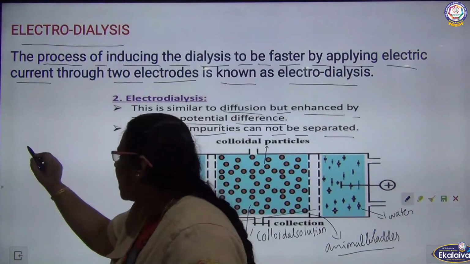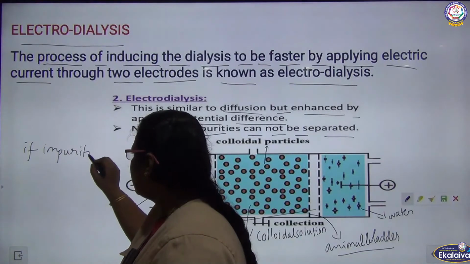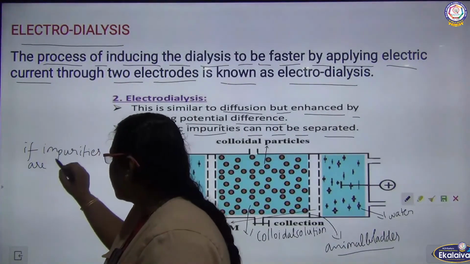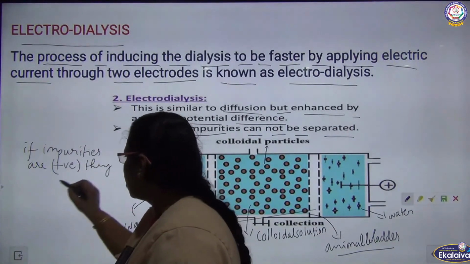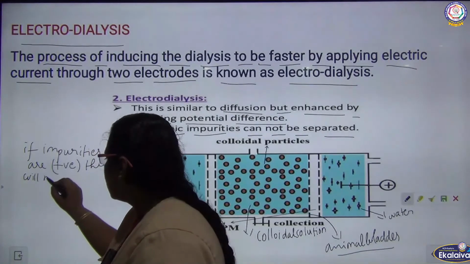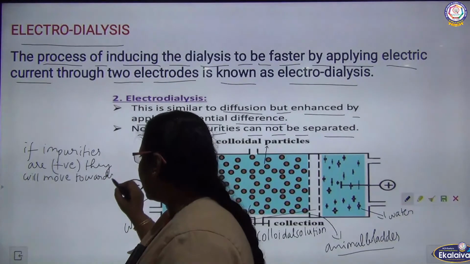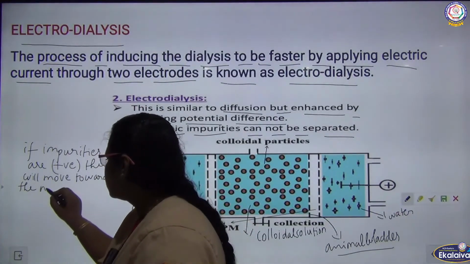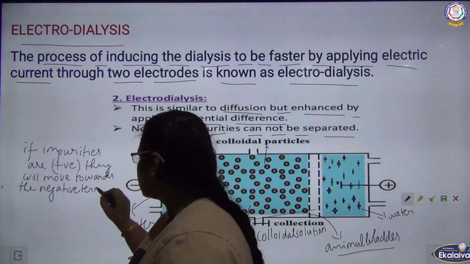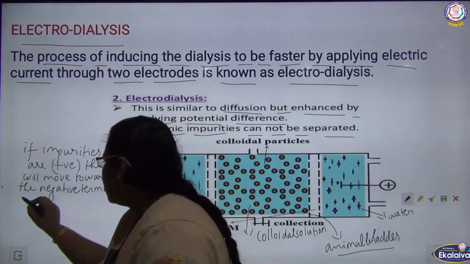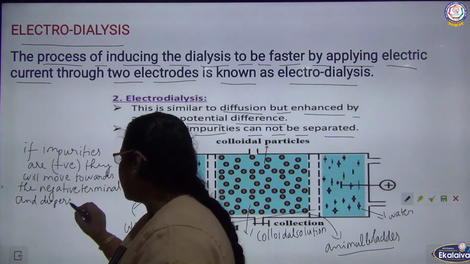So if impurities are positive, they will move towards the negative terminal and disperse in the dispersion medium.